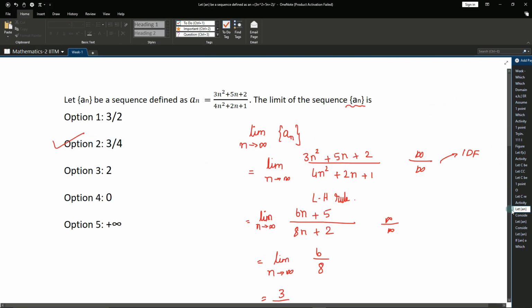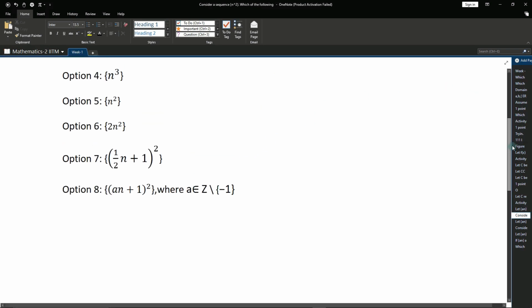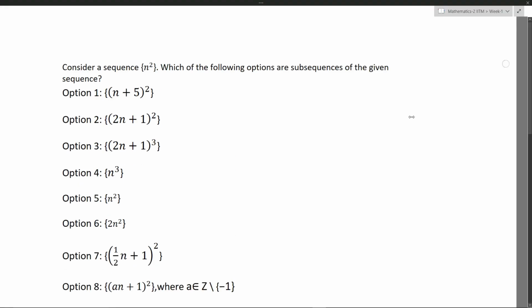Okay, moving on to the next question. Consider the sequence n square. Which of the following options are subsequences of the given sequence?